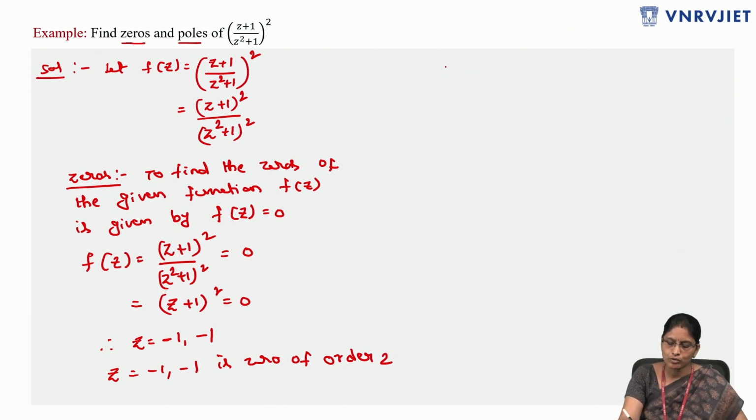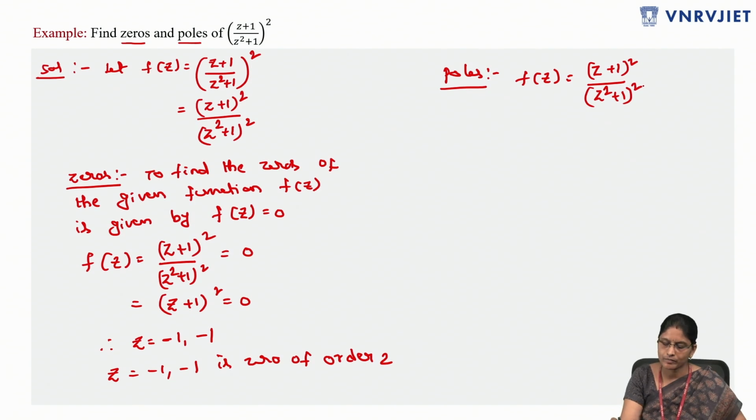Next, we have to find out poles. So, how we can find out the poles? By equating denominator to 0. Function f of z is z plus 1 whole square by z square plus 1 whole square.